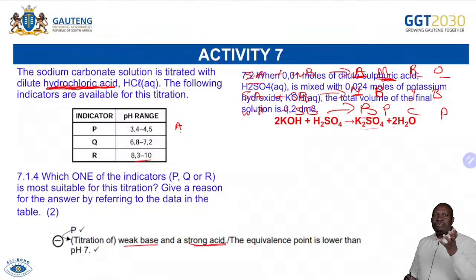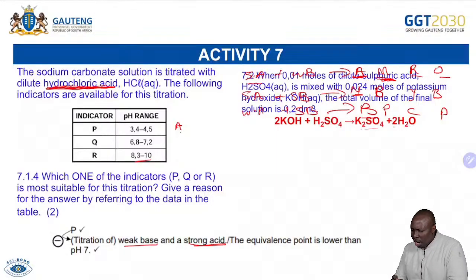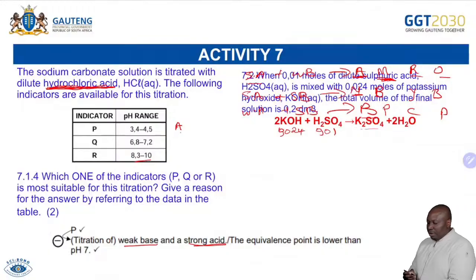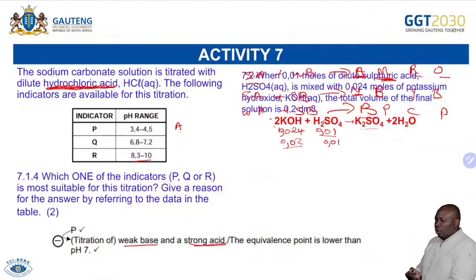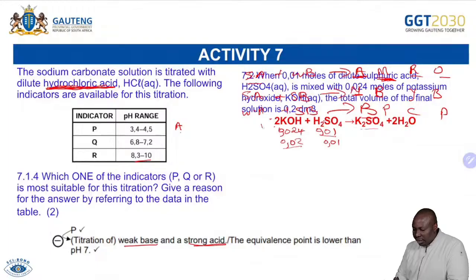The example that I was using for you when I was demonstrating the limiting reagent, to say we're given 0.01 of sulfuric acid and we're given 0.024 of potassium hydroxide, and we have seen that from here we're going to have 0.01 of this reacting with 0.02 of that, because the mole ratio is 1:2. So 0.01 times 2, we get that one. So you can see already that this is what we had initially, and this is what is going to react.